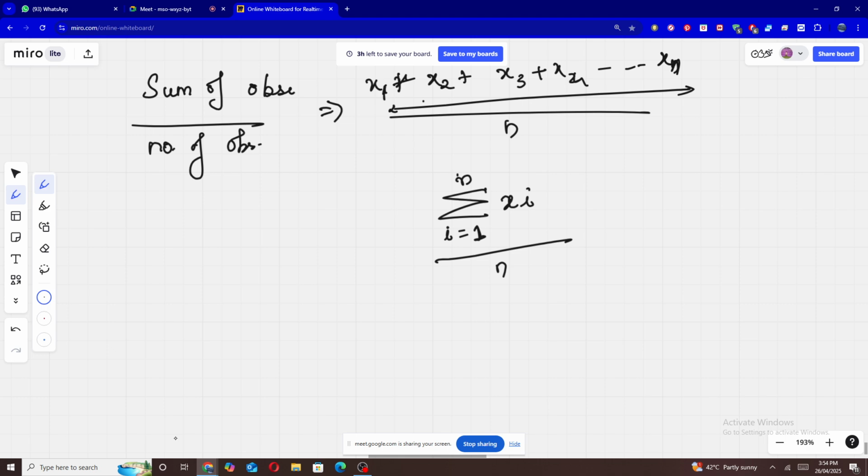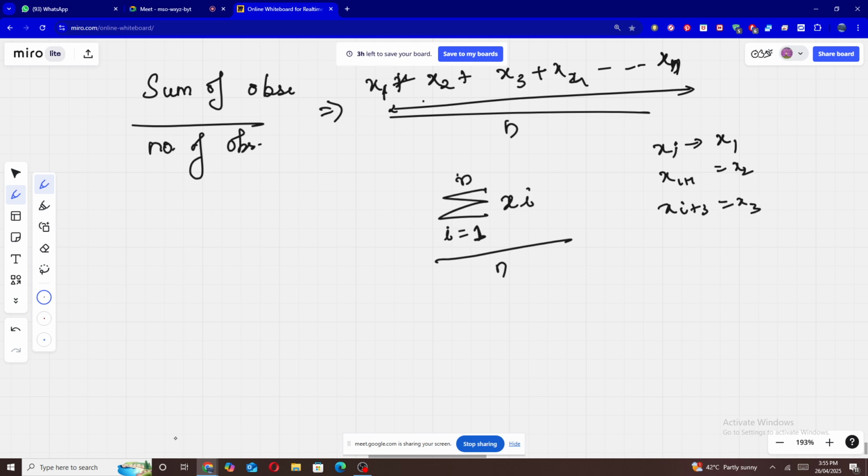Are you familiar with C, C++? Are you familiar with arrays? No, I don't know. Okay, so it's like looping. So i is equal to 1, where I say xi, here my xi is x1. Then i plus 1 means x2. Then i plus 2 means x3.